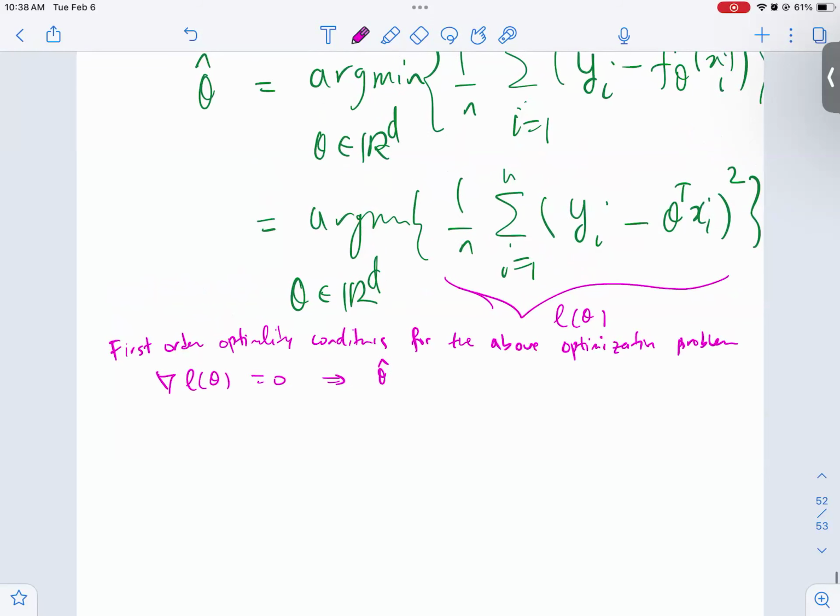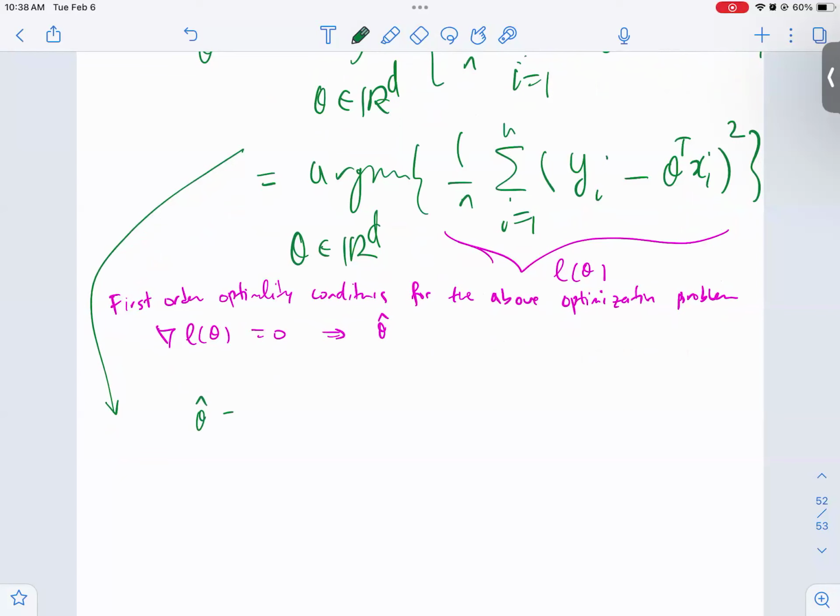Let's write it in a more compact form, if you have seen it. I introduce this notation, the design matrix, collecting the data points as its rows. x1 transpose is the first row, x2 transpose the second row, up to xn transpose. This is going to be an n by d matrix. Then I collect the y's into a vector as well, which is in R^n.